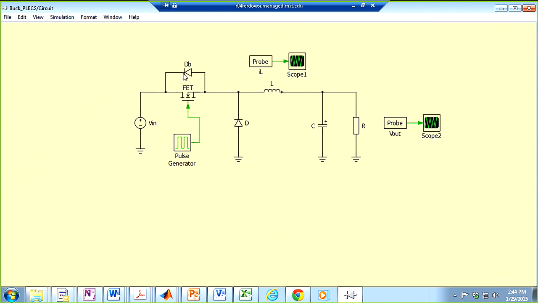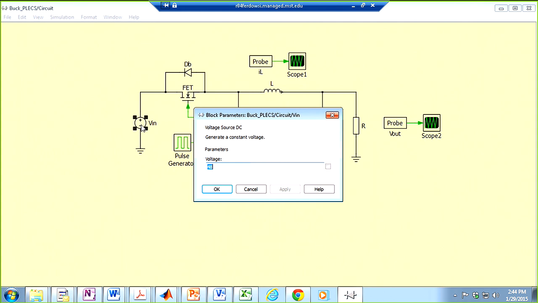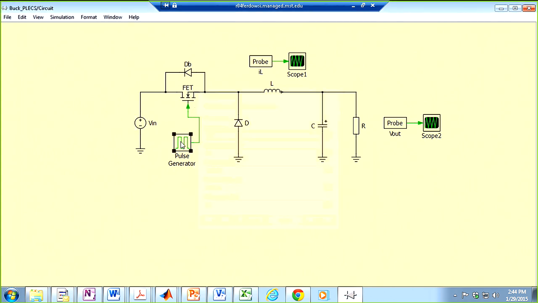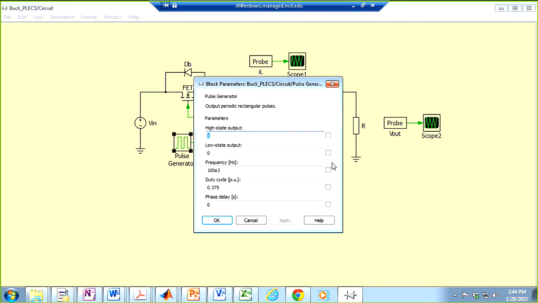I again put this diode over here, and later on we will see what this diode is. In practice, as far as we are concerned right now, it doesn't really do anything. It's just off all the time. And my input voltage is again 48. Now, these are the differences between Plex and Simulink. In Simulink, we had to put the period in. In Plex, you put the frequency in hertz. So pay attention, 100 kilohertz.